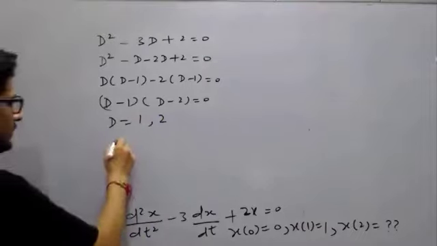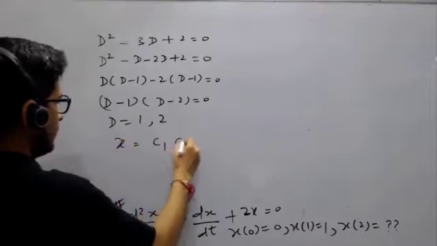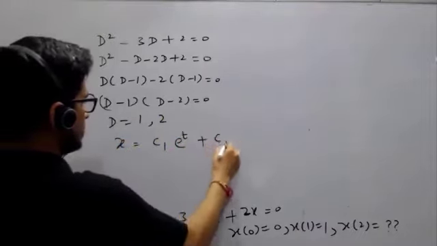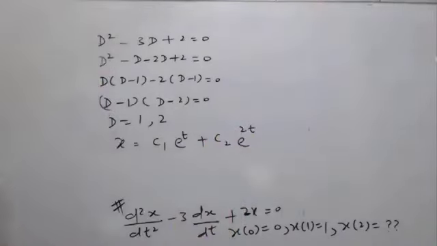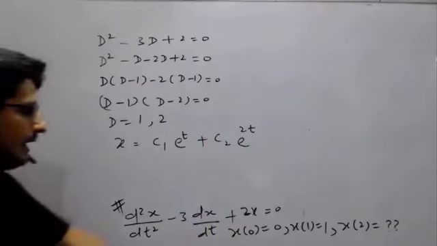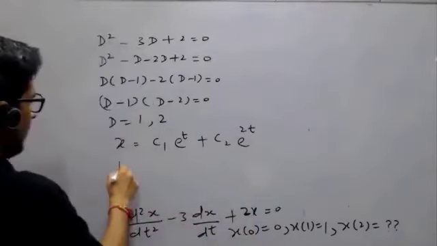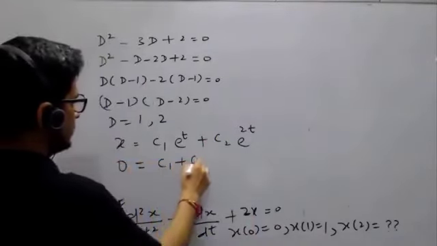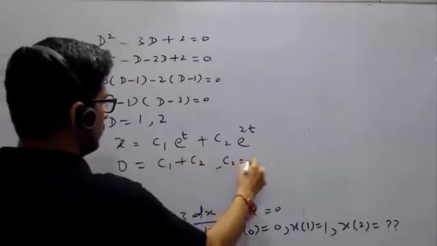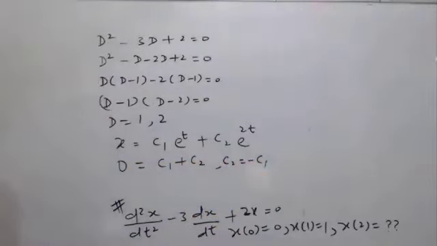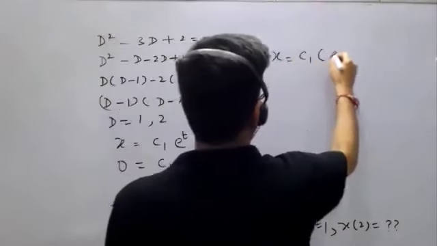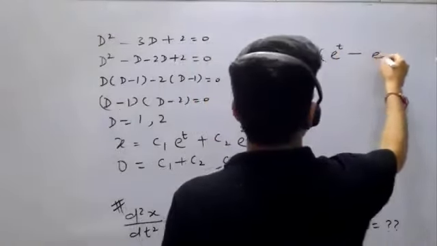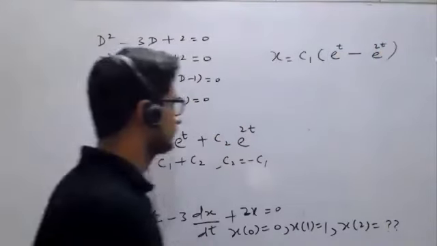So what are the solutions? x is equal to C1 e to the power t plus C2 e to the power 2t. Correct? So apply the first boundary condition that x at 0 is 0. So C1 plus C2 will be 0. So C2 will become minus C1. Okay. So my solution will become x is equal to C1, I can take common, (e to the power t minus e to the power 2t).